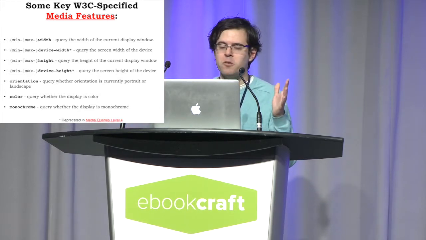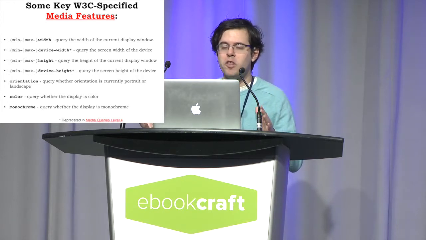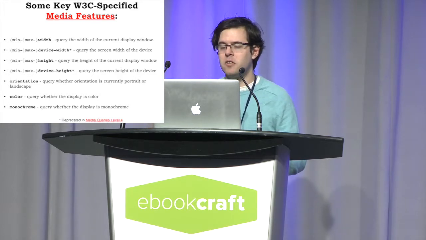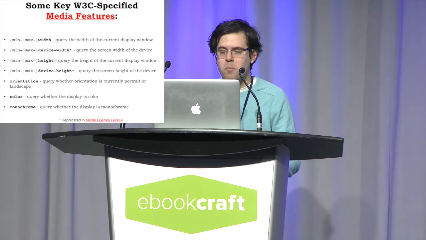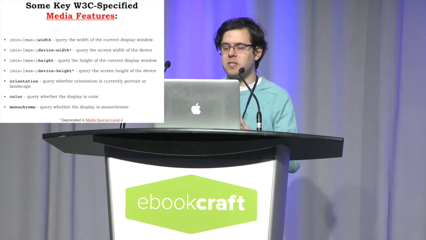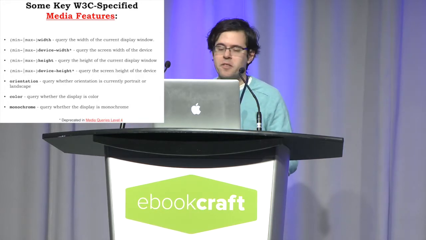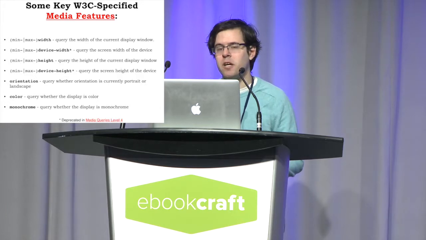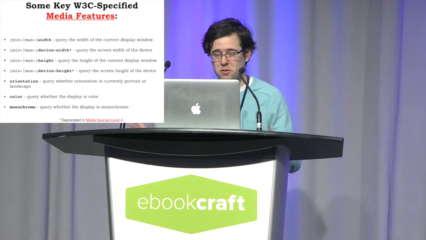But in the web world, the distinction is that width would be the width of the window, the viewport that you're actually looking through, and device width or device height would be the actual width of the entire screen. And additionally, the W3C basically feels like this distinction should just go away and we should just be using width and height, which makes a lot of sense to me, but doesn't really reflect the way that e-readers work now and what they support.